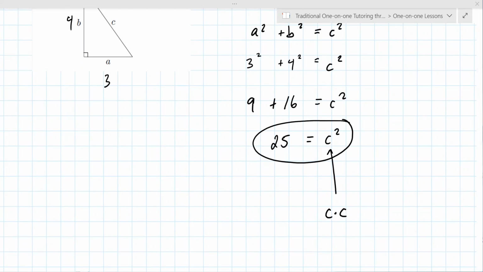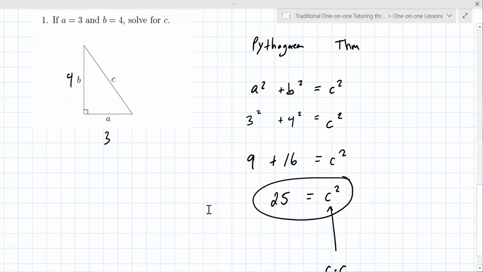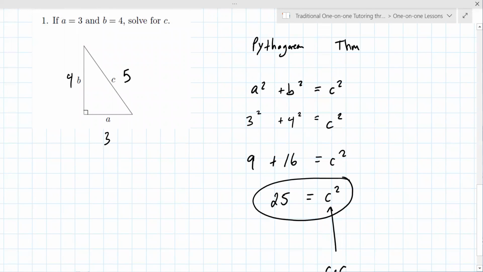Whatever c times c is, it has to equal 25. Five. Yes, because 5 times 5 is 25. So the third side, c, is 5.